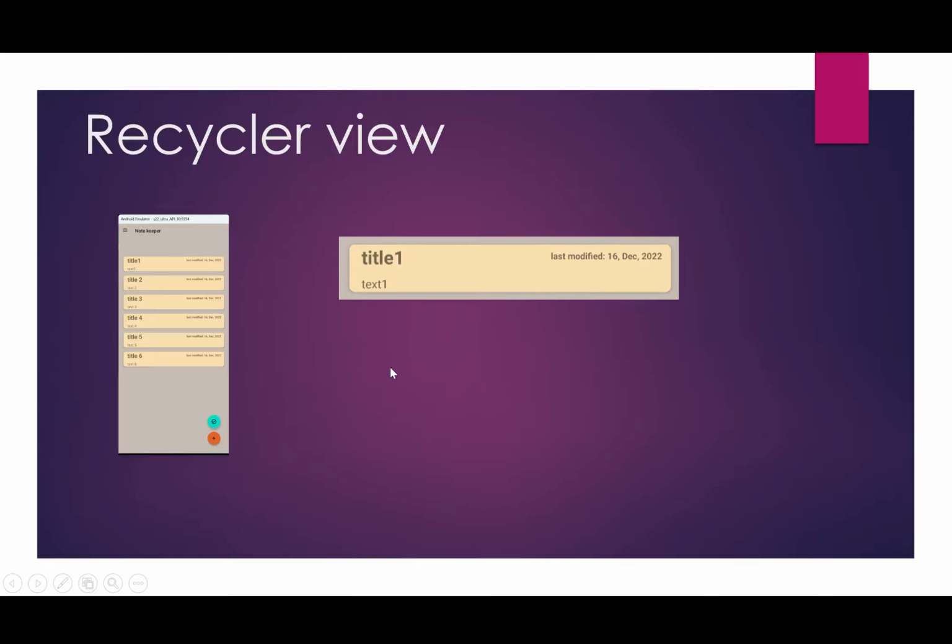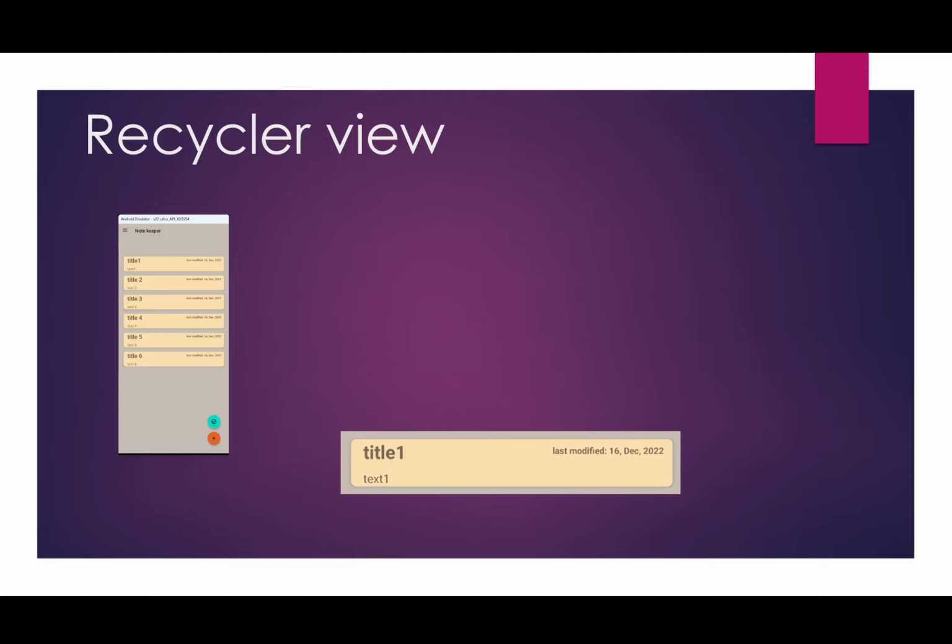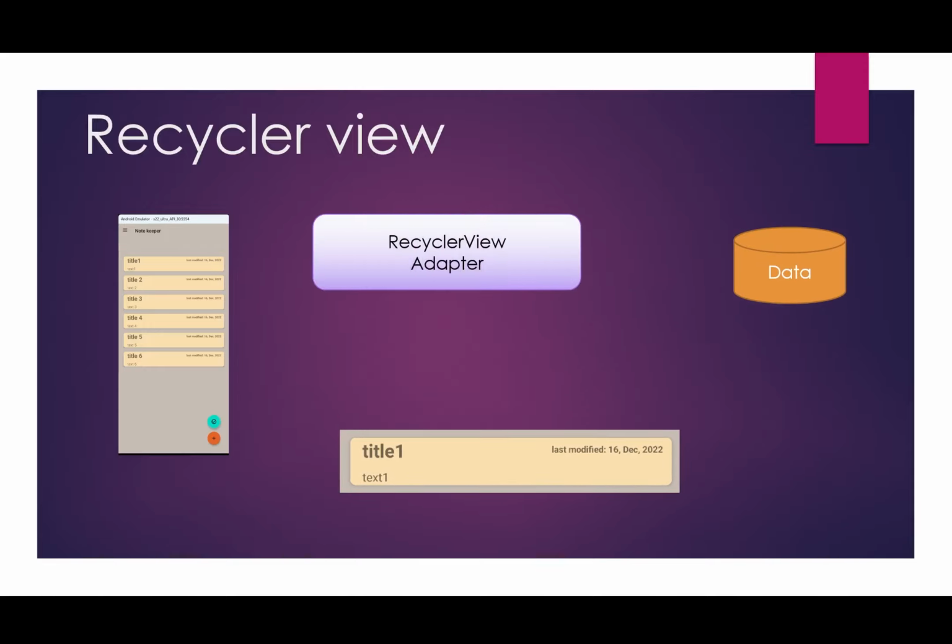It has a RecyclerView Adapter. The adapter will take the data from a database and will put it into this layout as the pattern, as the shape, and then it will be displayed here in the recycler view. So today I'm going to show you how to do this.